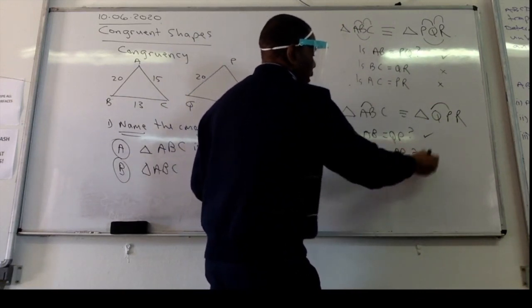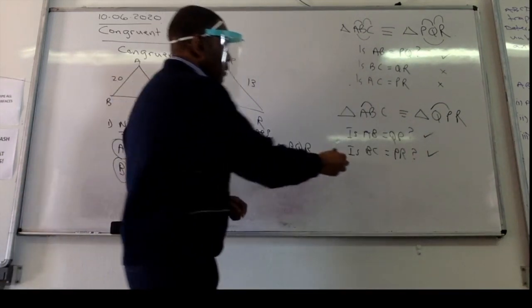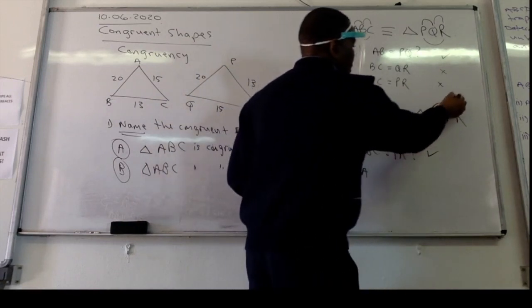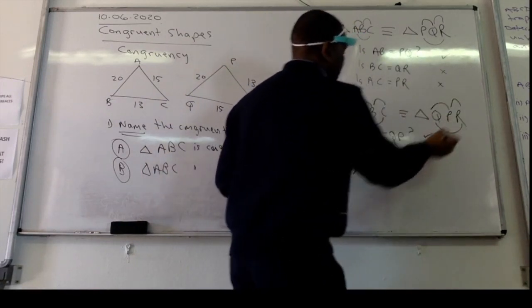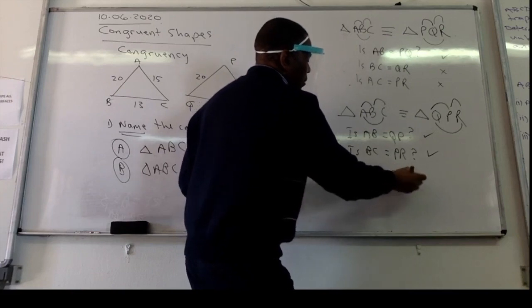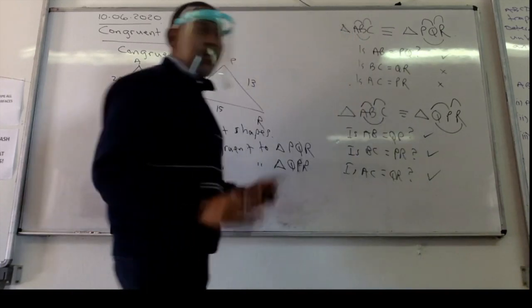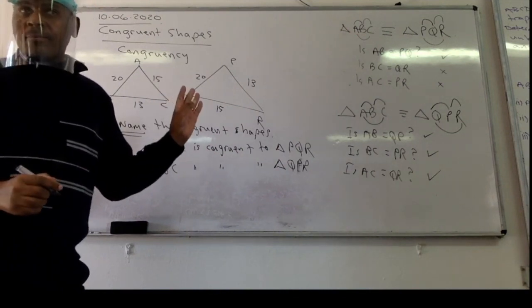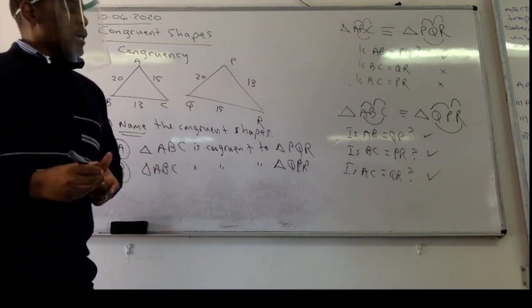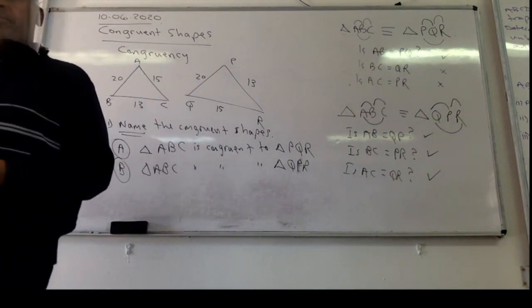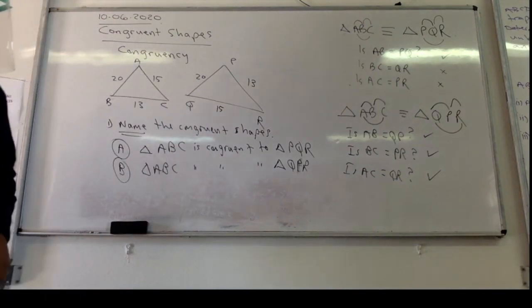Yes. And finally, AC and QR? Yes. So they are equal. Therefore, the two triangles are congruent. Okay, guys? So the two triangles are congruent. So do you think you know how to name congruent shapes now? Yes. Well done.